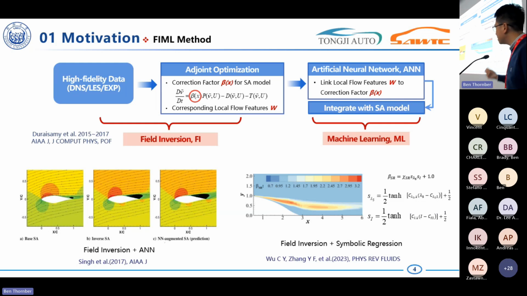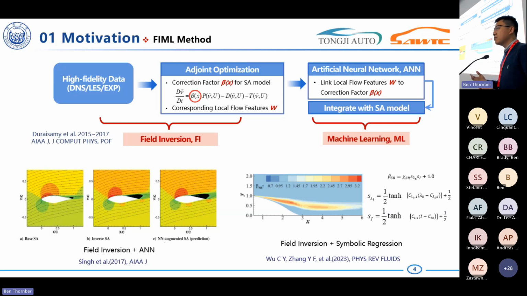Since this method was proposed, it has been applied to many simple flows, especially 2D flows, with very good results in improving RANS model accuracy.